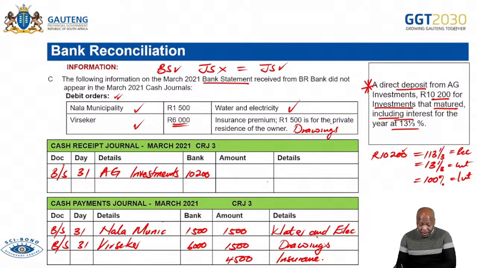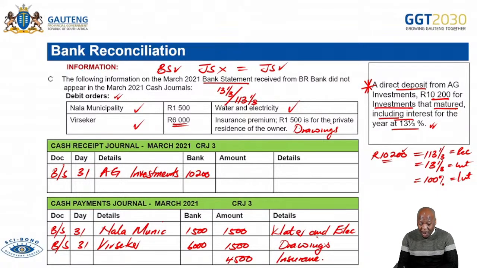If I am to get the interest, I know the interest is 13.33%. So what I want is 13 and a third percent. But what I have is the entire amount here, which is 113 and a third.